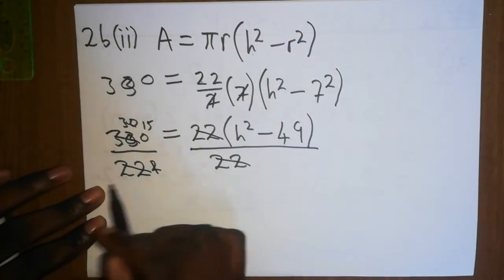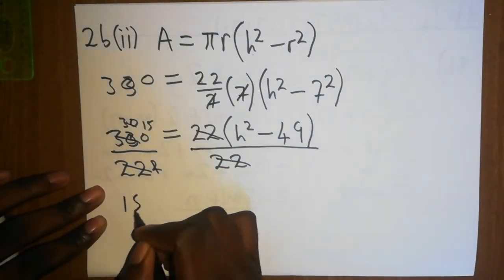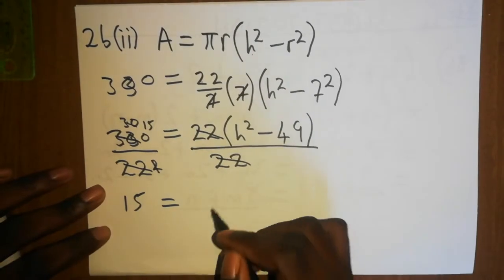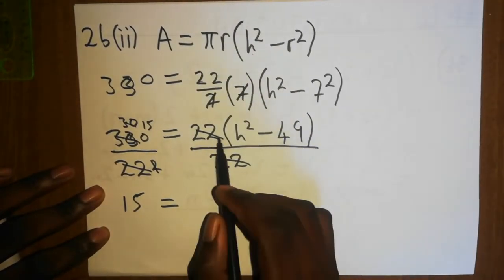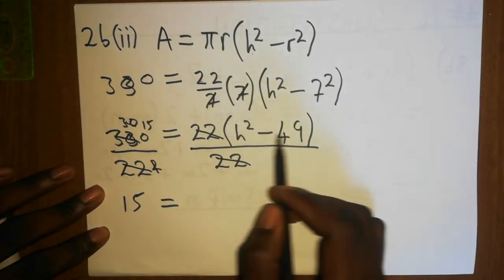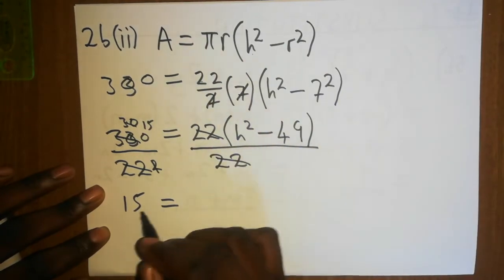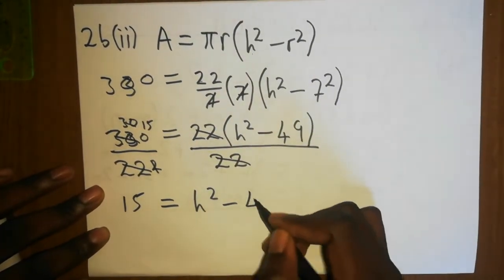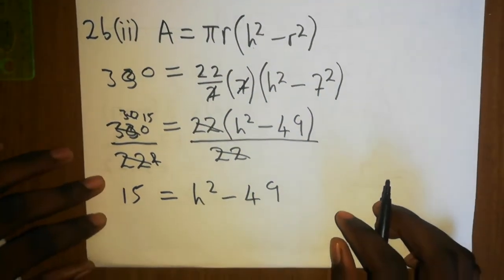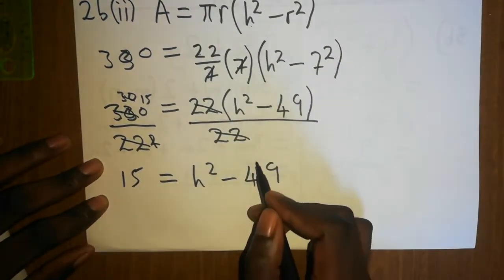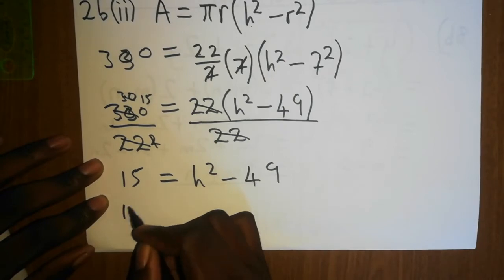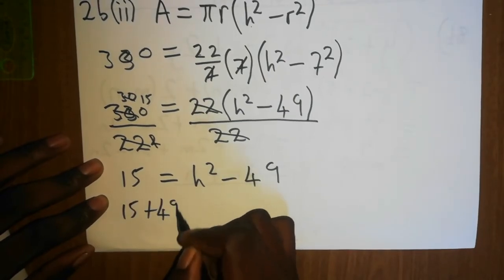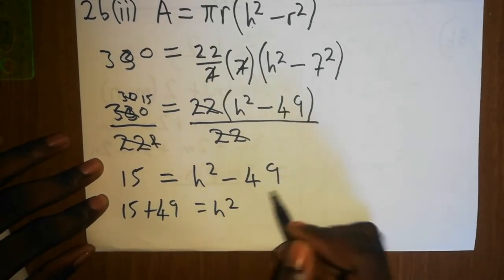Okay, so I now have 15 is equal to, here automatically I've got a 1 times this one, there's nothing that will change there. So automatically I have h squared minus 49. Then I collect my like terms. This 49 will come that side, so that's 15 plus 49 is equal to h squared.